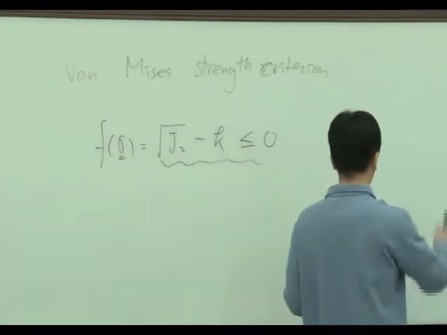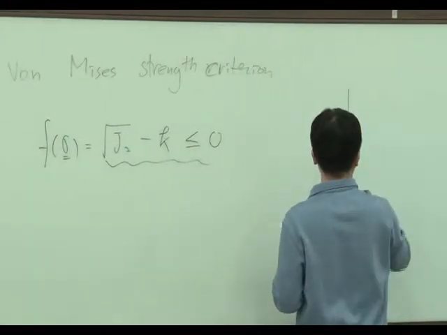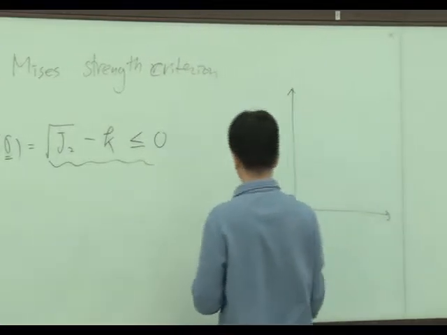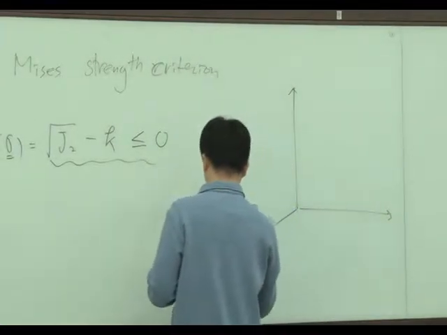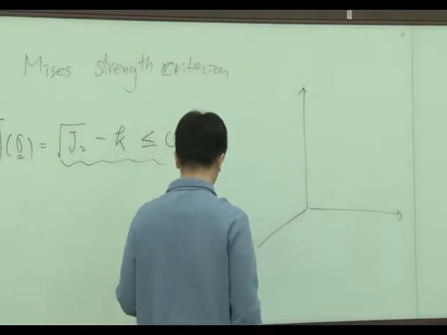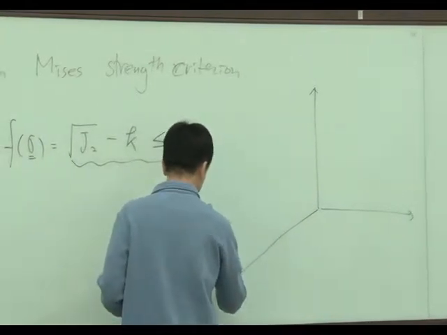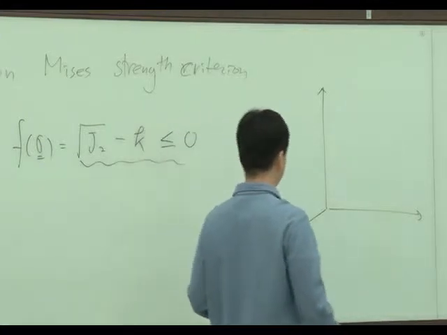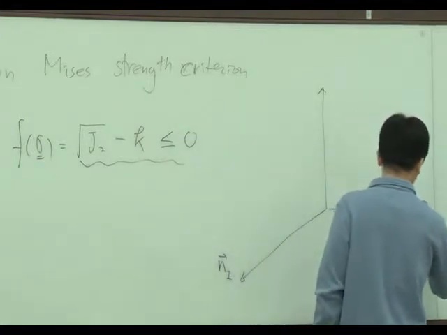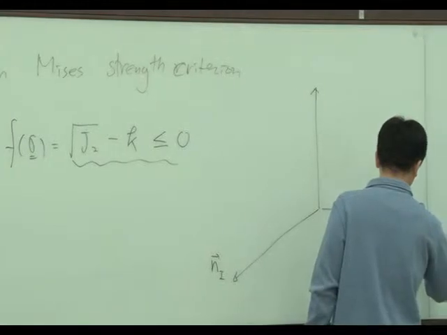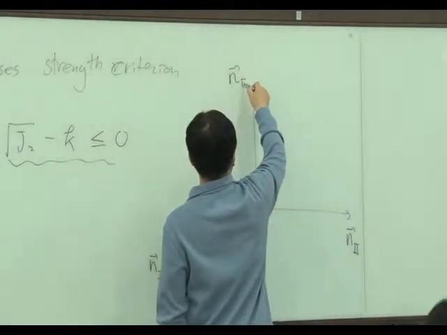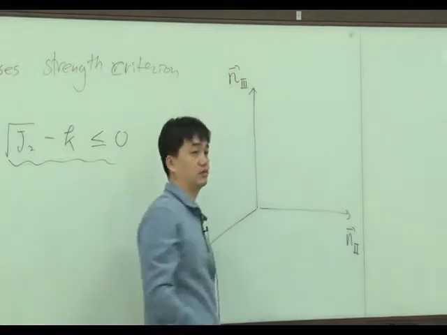So today the first topic I'd like to teach is the concept of von Mises strength criteria. Let's plot the principal stress space defined by three principal stress directions, N1, N2, N3.